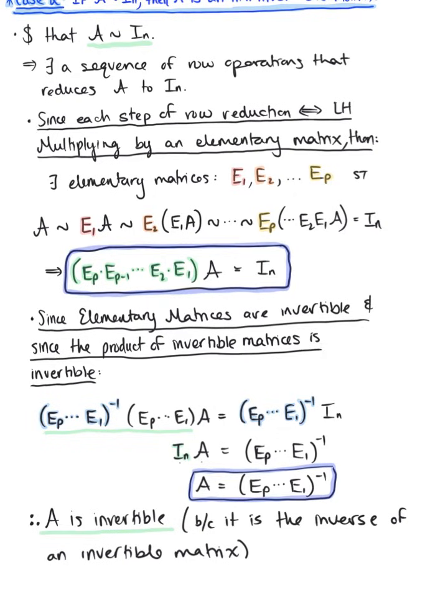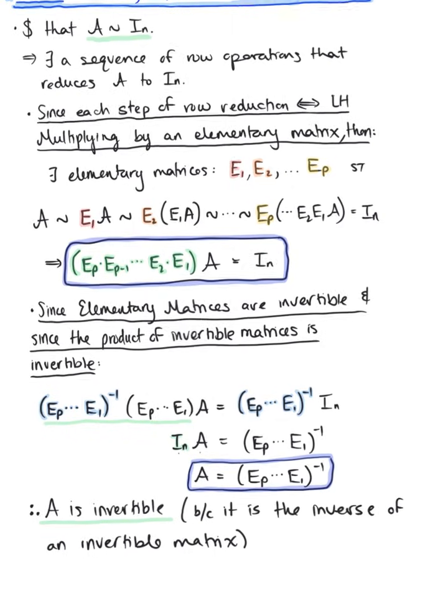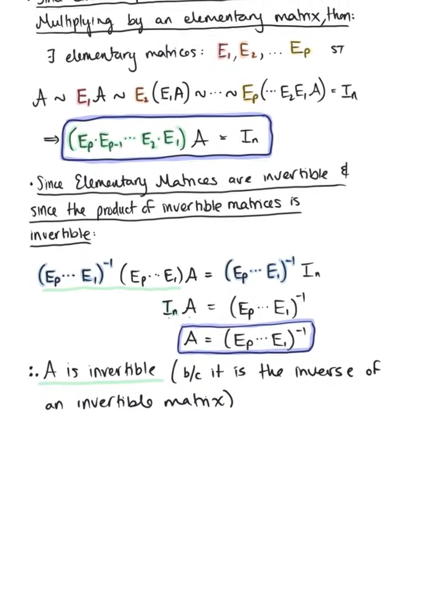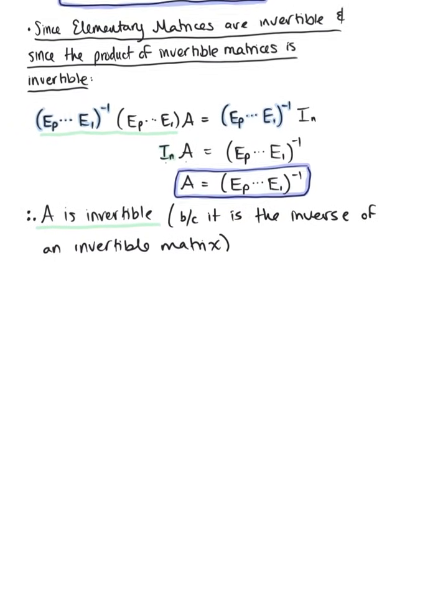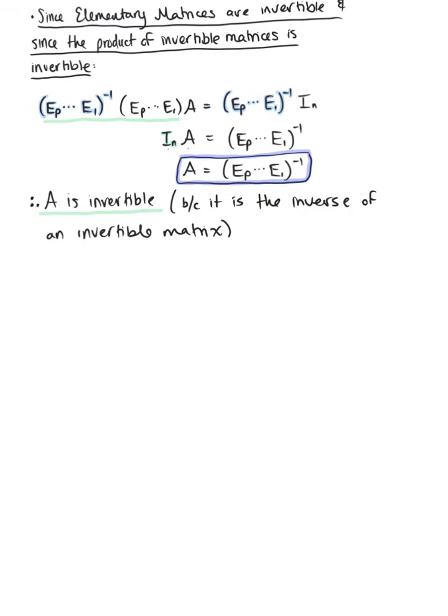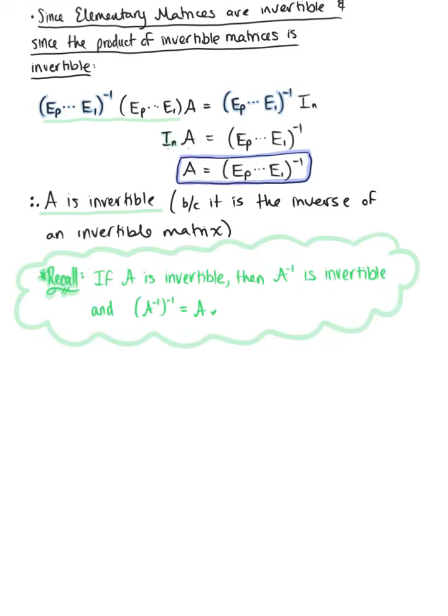But that's not it. There's more. So, to see the remaining part of this, I want you to think back to those useful facts about invertible matrices. So let's quickly recall the following property. Recall that if matrix A is invertible, then the inverse of matrix A is invertible, and the inverse of the inverse of matrix A is matrix A. So let's go ahead now and apply this property to what we have above.